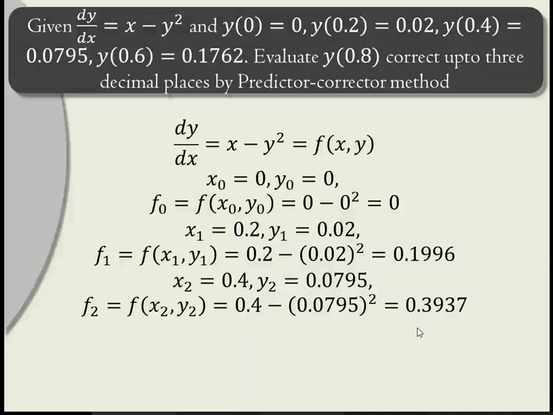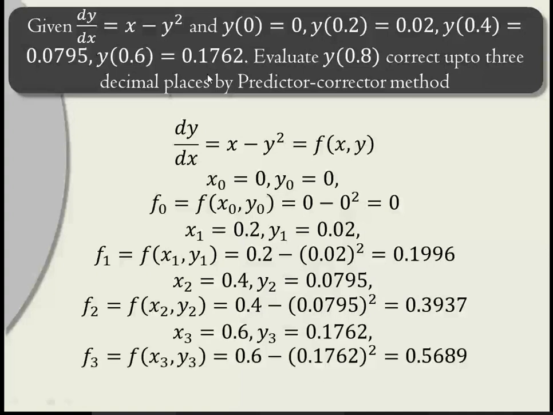Use the next point, that gives us f3. x3 is 0.6, y3 is 0.1762. So f3 will be 0.6 minus 0.1762 square. That will be 0.5689. Now, use these three values of f to calculate the predicted value for y4.